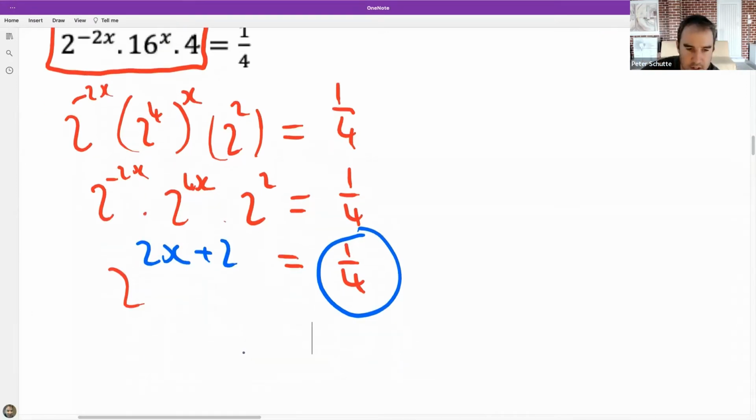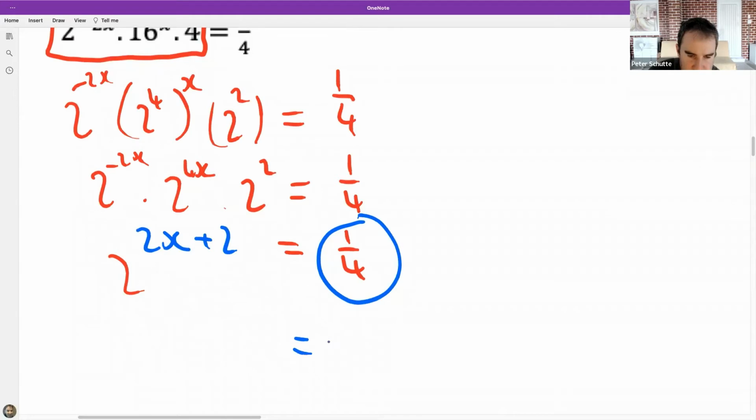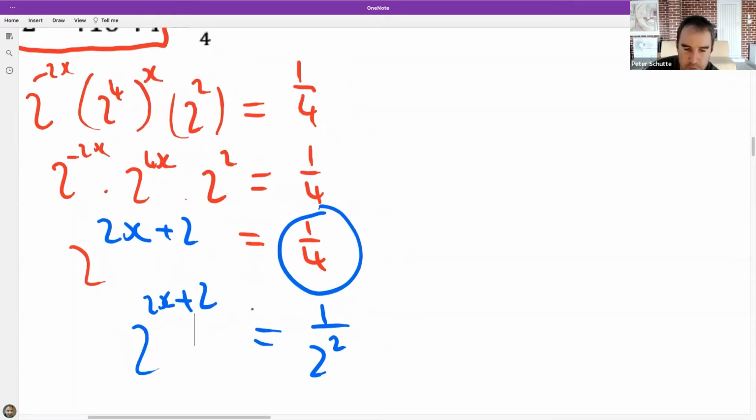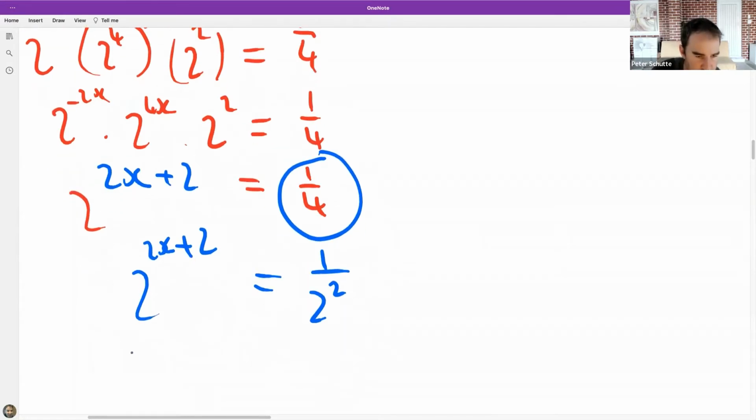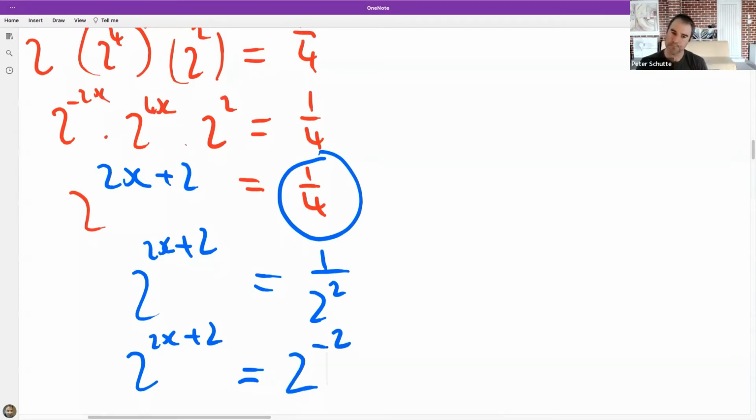So we're going to write this as 1 over 2 to the power of 2. And then if we've got a power below the line and we bring it above, all we need to do is change that to a negative. And so we get to that step.